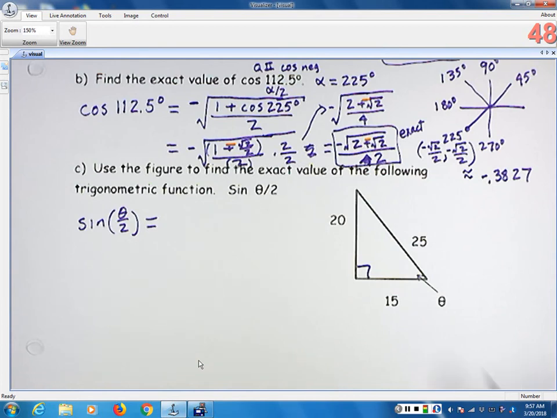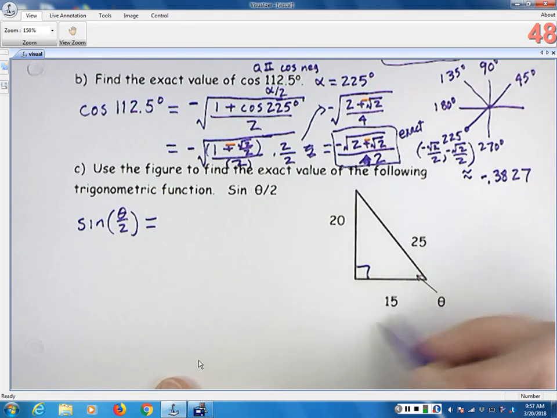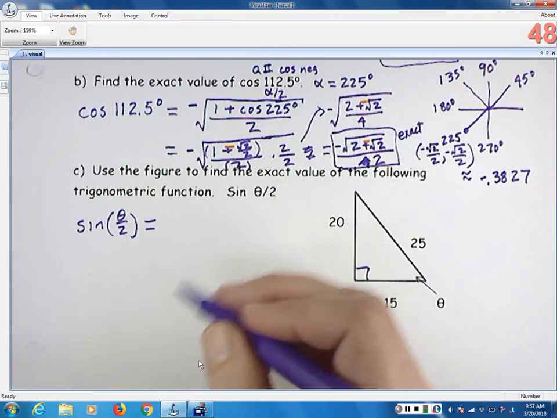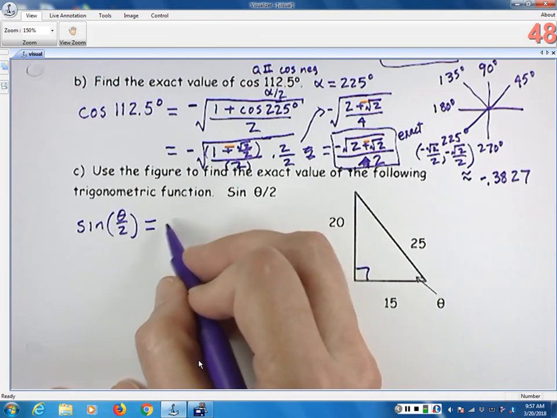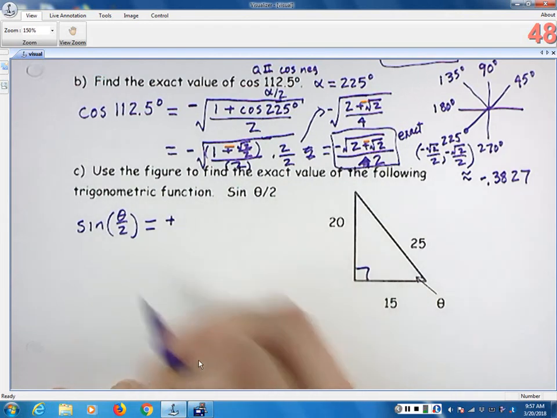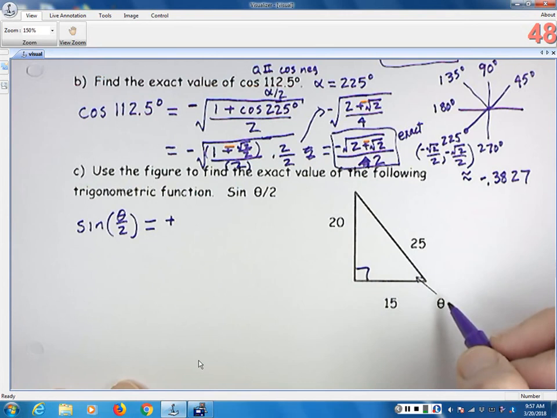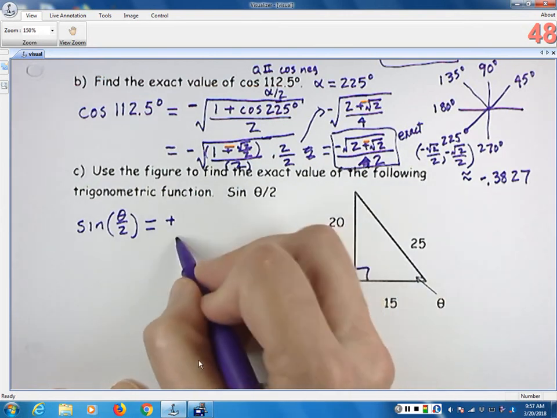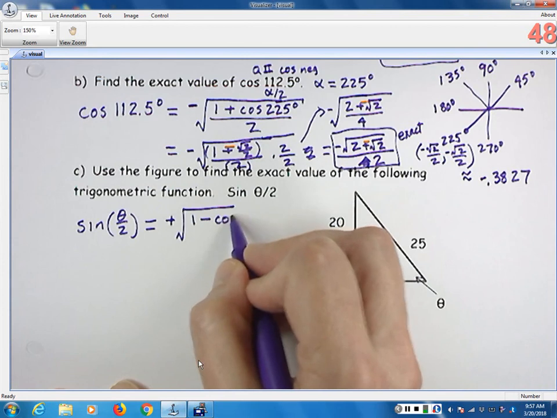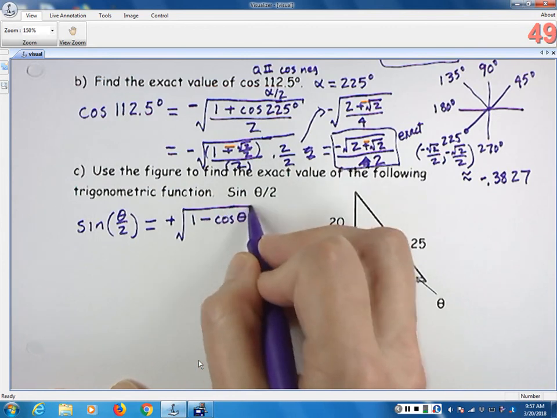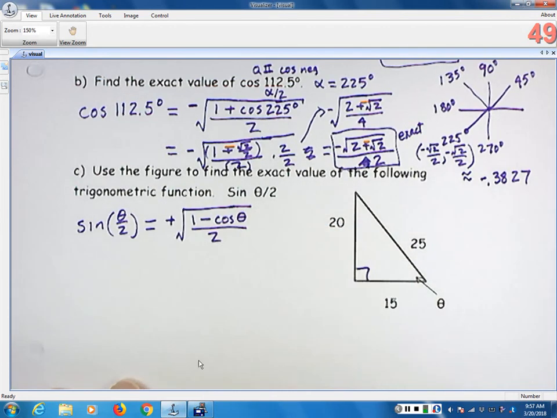We're just assuming these are all positive numbers. You don't see any negative signs here, so these are all positive. So for sine of the half angle, we're going to use the plus sign. Square root of 1 minus cosine theta over 2. I just copied that from the formula above.